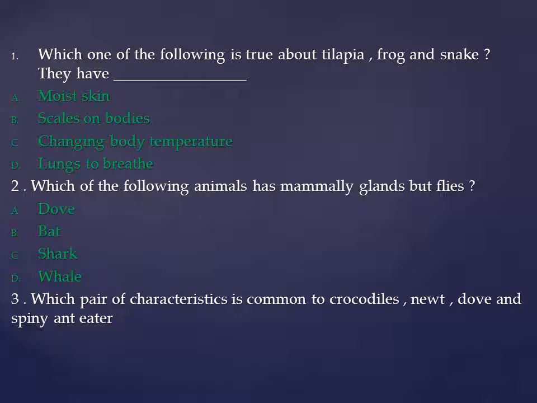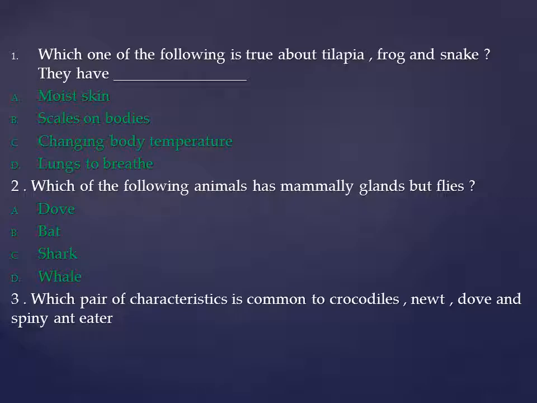Number 3, which pair of characteristics is common to crocodiles, newts, dove, and spiny anteater? The points you should have on your fingertips: the common characteristic is that which is found in all the 4 animals.